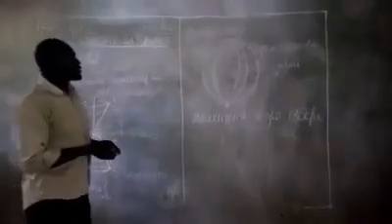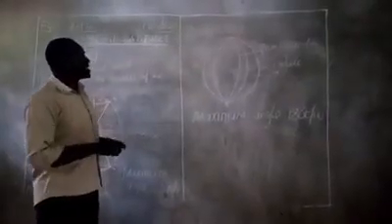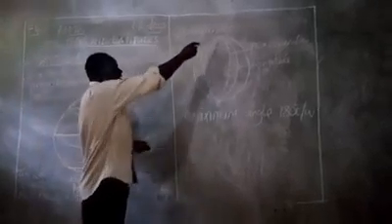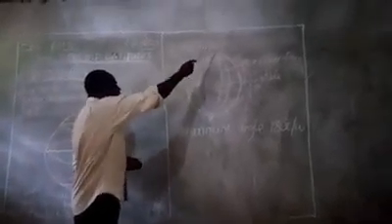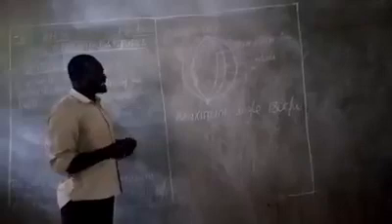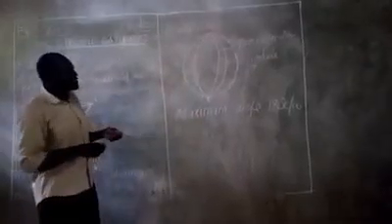When you come to longitudes, there are lines which go through the North Pole and South Pole, running from North Pole to South Pole. All these lines we call longitudes, or sometimes meridians.